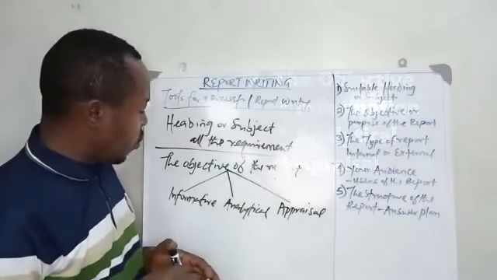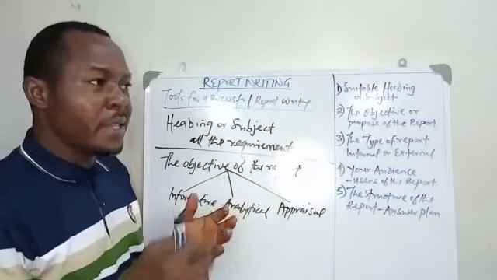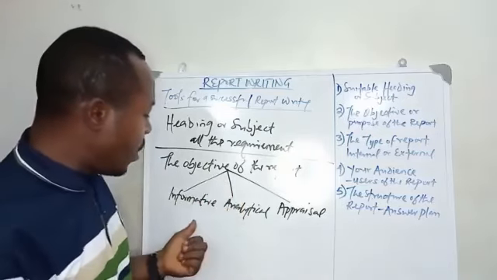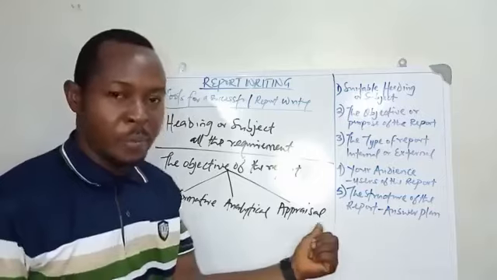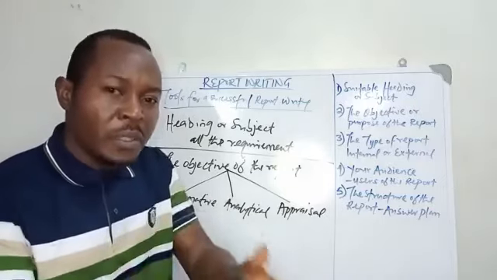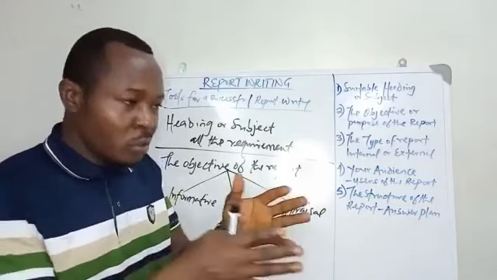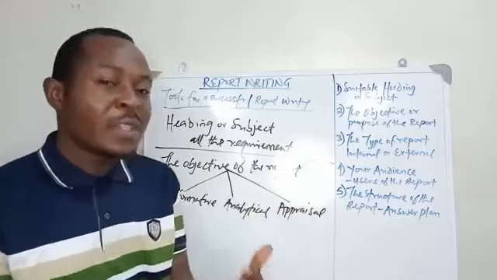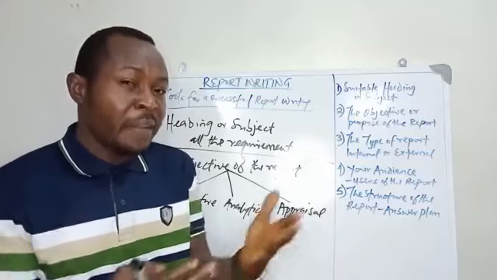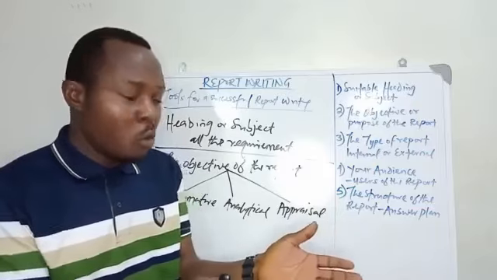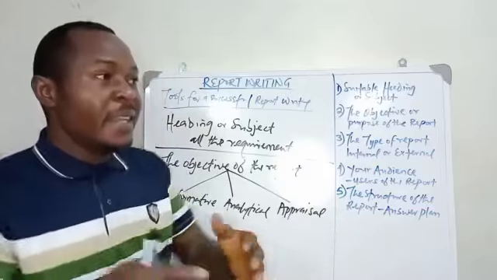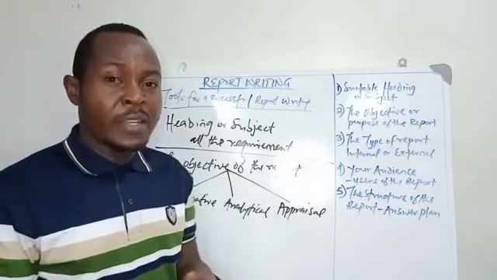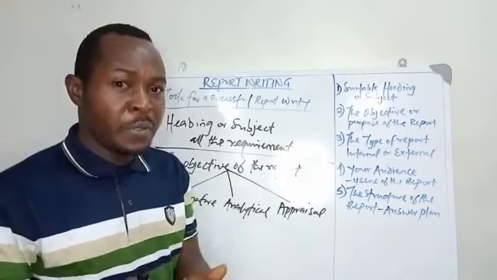You understand it? So while you are writing your objective, you must be able to tell us the objective of that report. Is it to inform the board of directors on so and so, or to analyze what has happened before, probably in the financial statement, or to analyze the environmental factors that led to where the organization is, the kind of profit they're experiencing now?